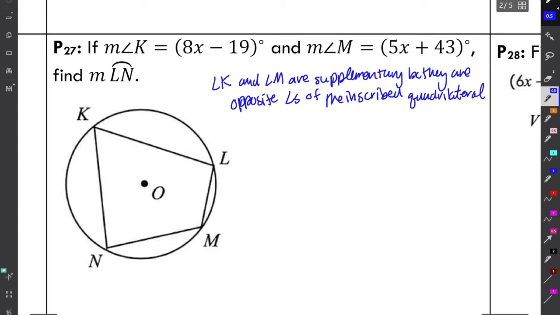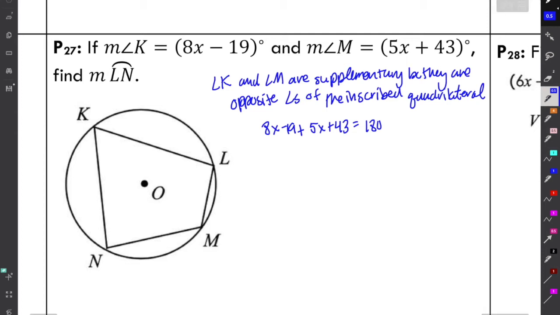Alright, so here we go. We'll do 8x minus 19 plus 5x plus 43 equals 180.